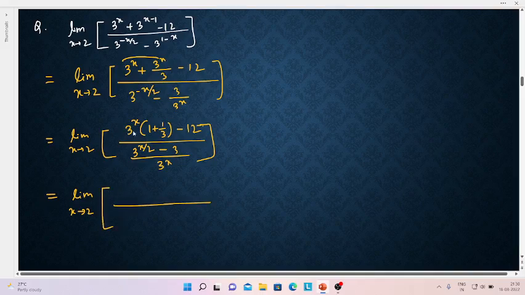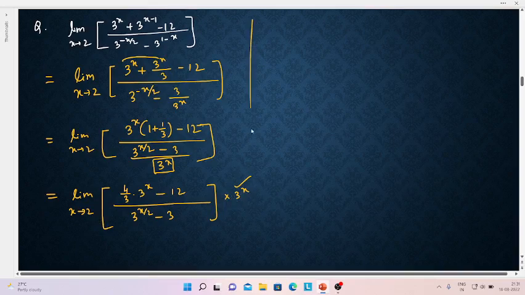So here the numerator will become 4 upon 3 times 3 to the power x minus 12, and the denominator can be written as 3 to the power x upon 2 minus 3, times 3 to the power x. That particular 3 to the power x is written like that because when we put x as 2, then that part will not give me any kind of problem.